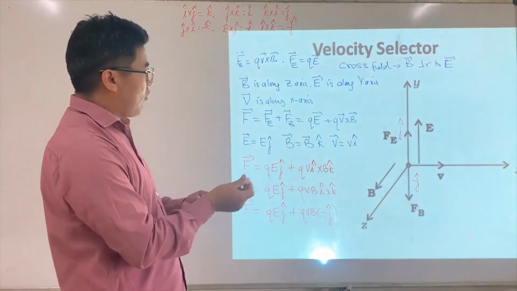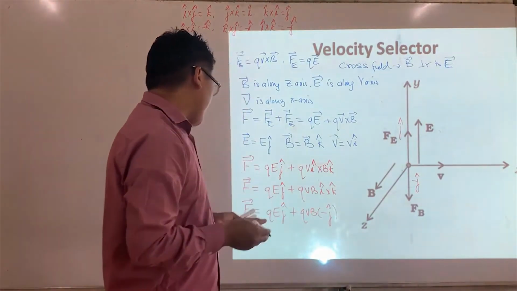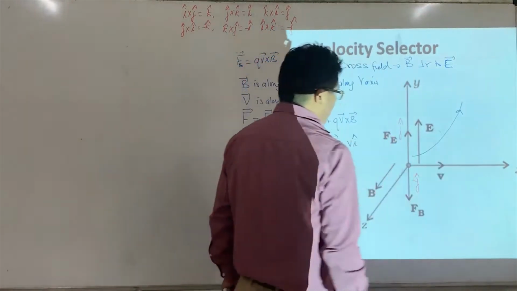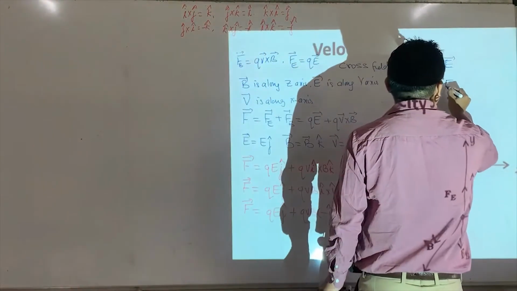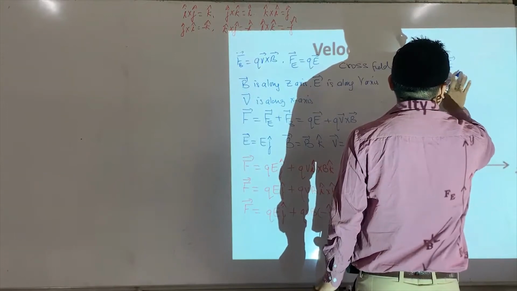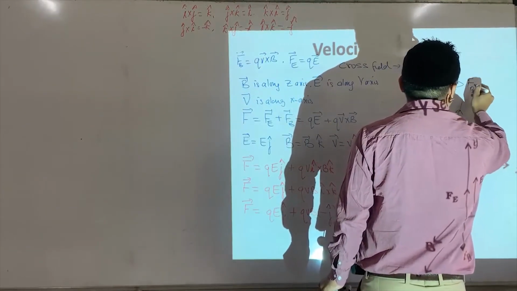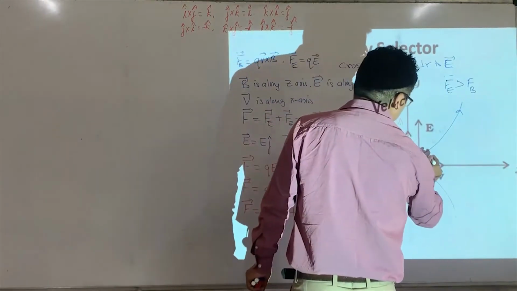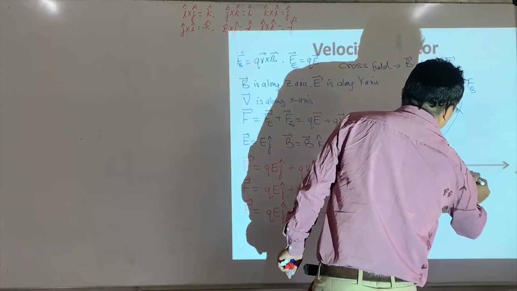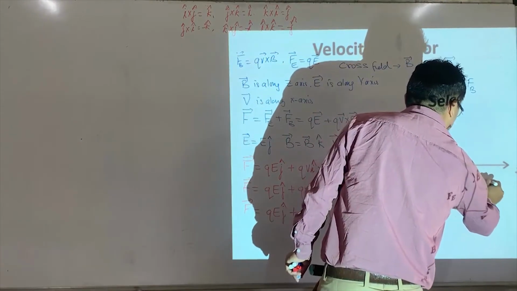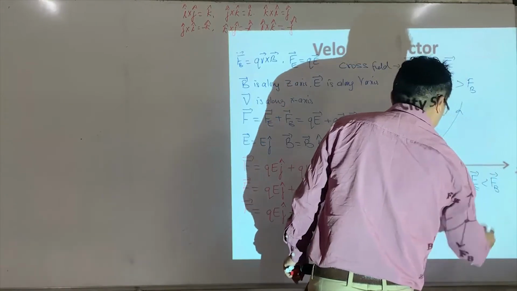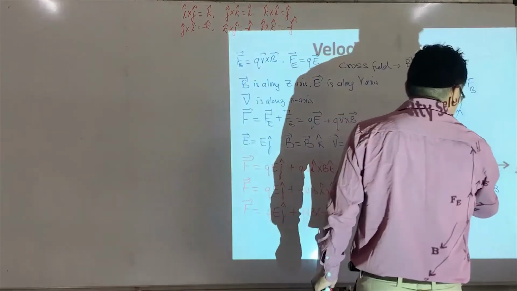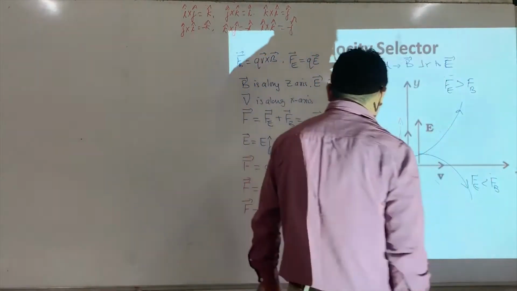If the electric force is greater, the charge goes along this path. If the electric force is less than the magnetic force, it bends the other way. I'll just take the magnitude only, right?